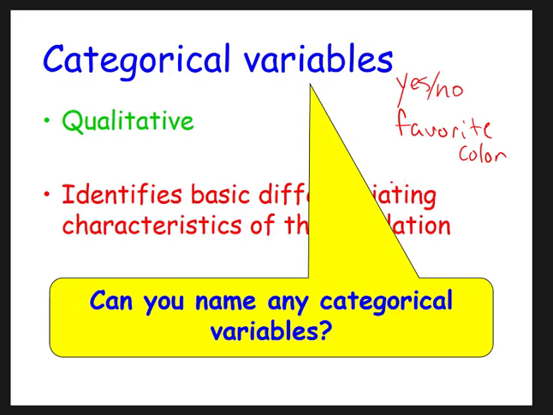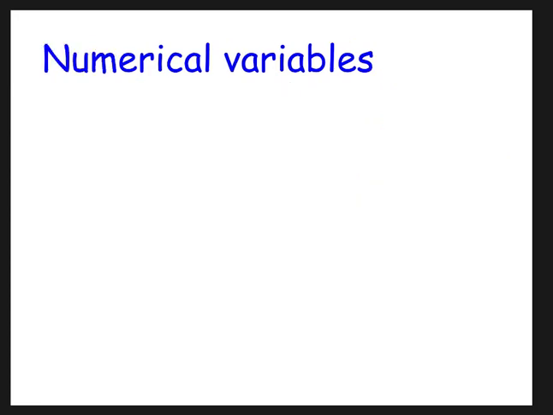Other categoricals might be political party. What political party do you favor? Do you favor Democrat, Republican, or a third party? Puts you into a category. And there are several other categorical variables that we could think of.